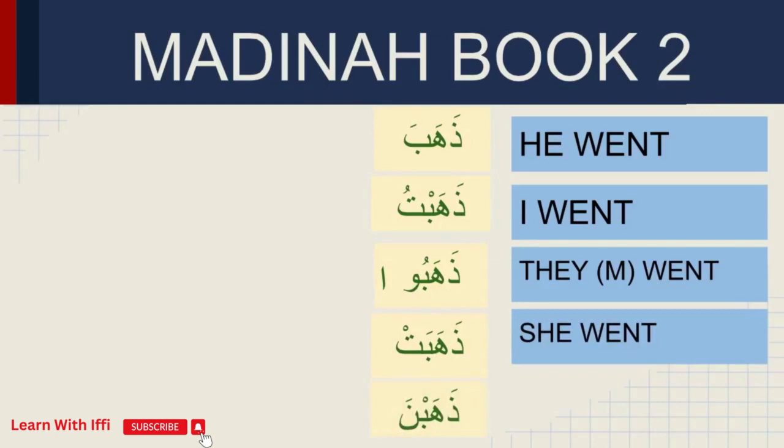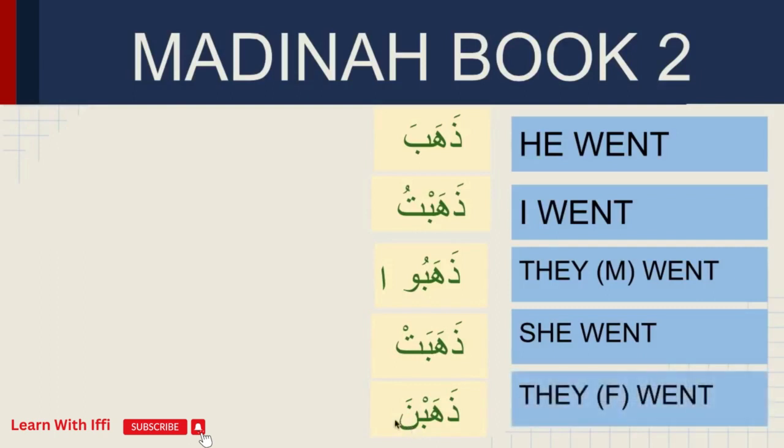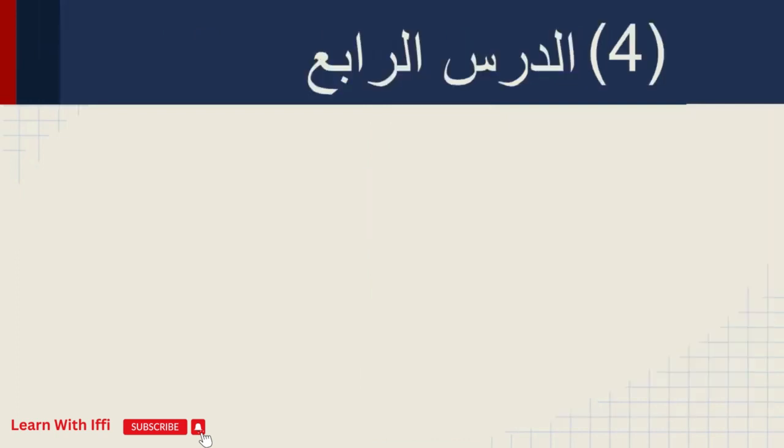If we say dhahabna, again we can see dhahab, when there is a sukoon, that means the fa'il is attached. Noon niswa represents hunna, means they, female. So we would translate they went. This is how we look in Arabic. You look for fa'il and fa'il, and when we translate and try to understand, we translate the fa'il first and then the fa'il.